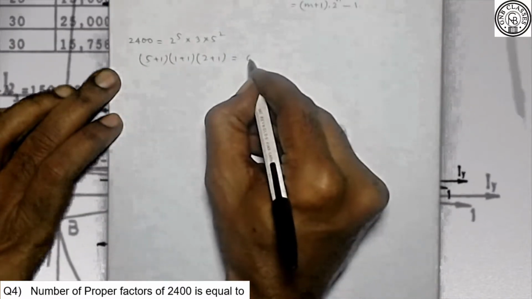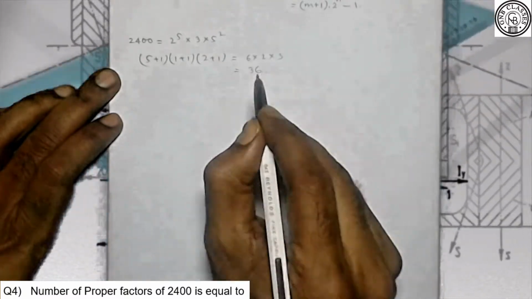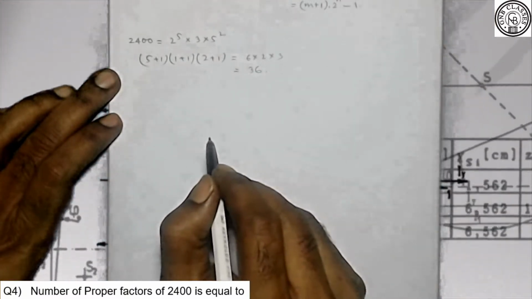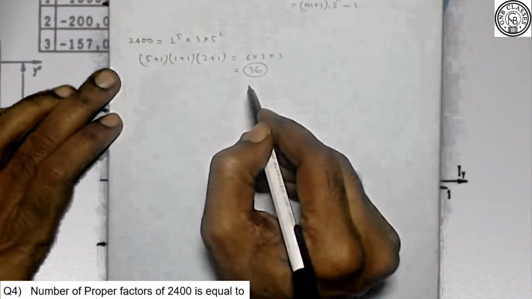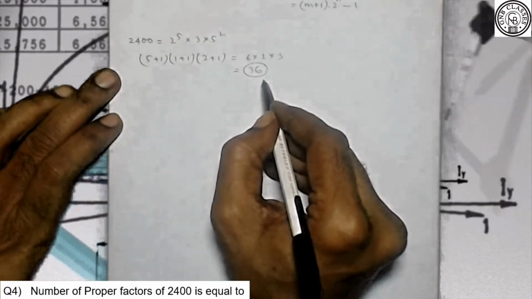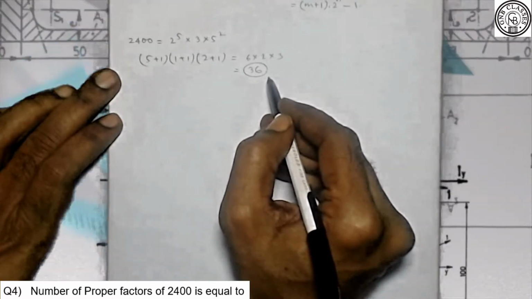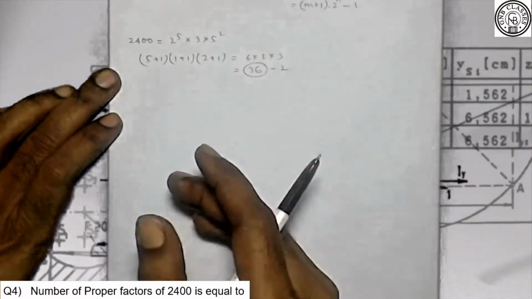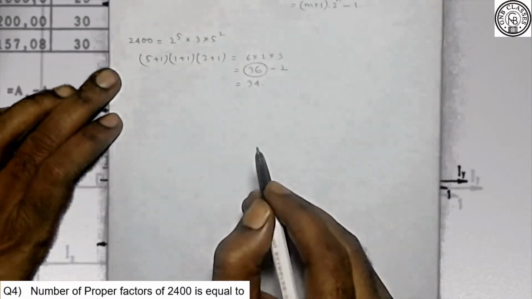So 6 into 2 into 3, that is 36. But they have asked you for proper factors. Proper factors means, because this total number of divisors includes 1 and the number itself, if they ask you to find the number of proper factors, then you have to subtract 2. That is, you have to subtract 1 and the number itself. So the total number of proper factors will be 34. Hence option A is correct.